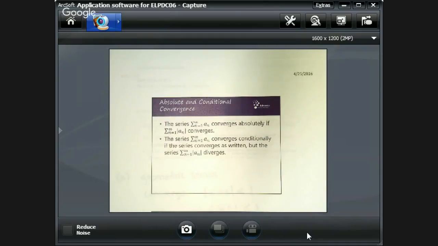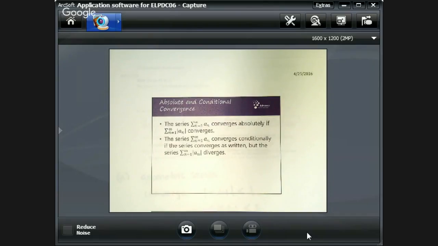So as an example, let's say we have a P-series where P is 2, the sum from 1 to infinity of 1 over n squared. Actually, let's make it alternate: (-1) to the nth power over n squared.